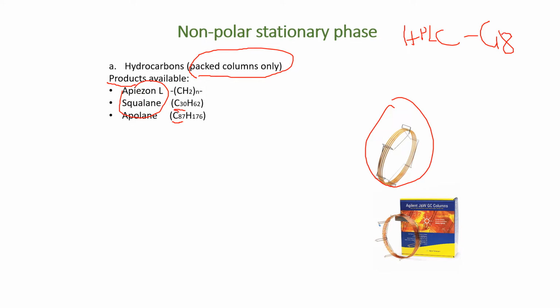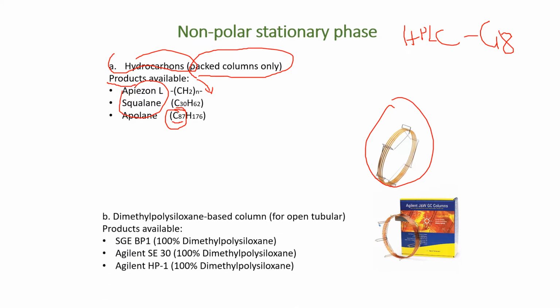So this one is C87. So you can imagine how non-polar it is. If you put hydrocarbons, you can easily get all the separation in one go. But of course you have to optimize the mobile phase so that the hydrocarbons won't stick that long inside the column.